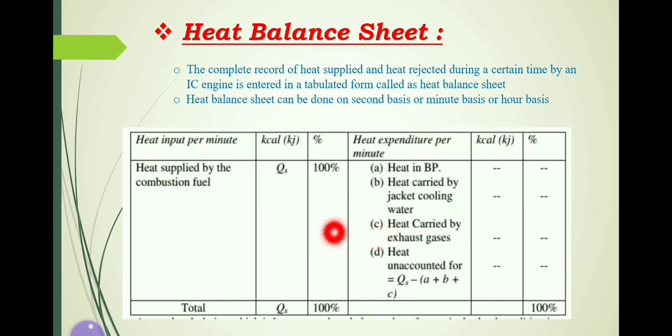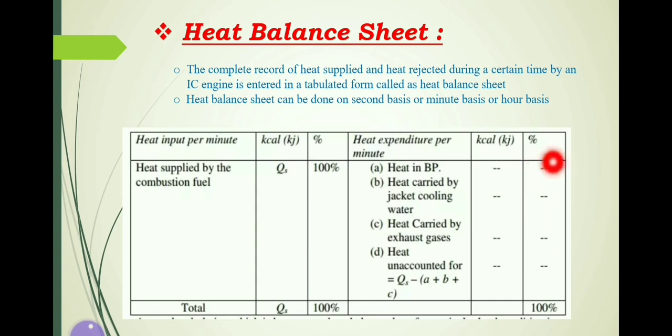And whatever the unaccountable energy is wasted, like radiation, we have to show it here. We have to find out these powers or heat, and their percentages also. The majority percentage will be for the brake power.